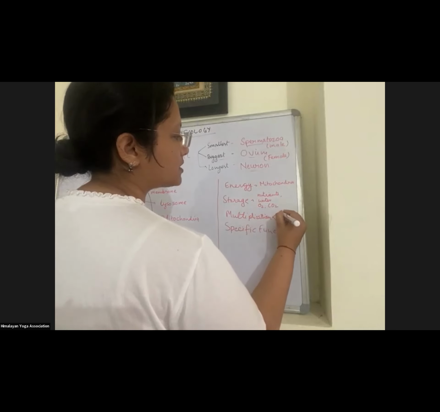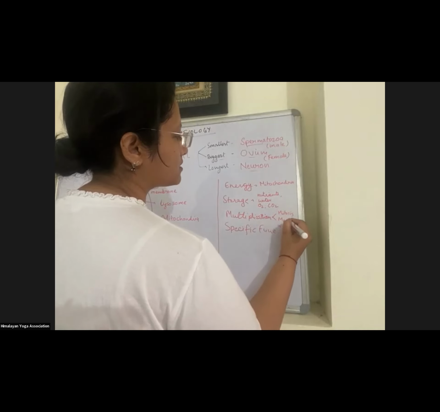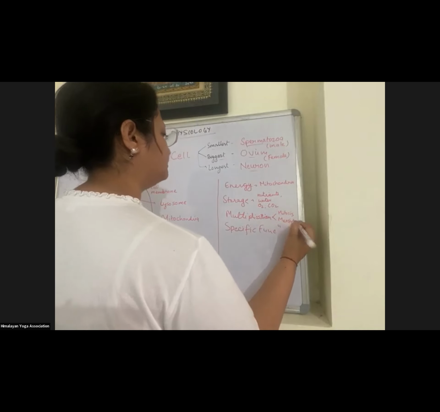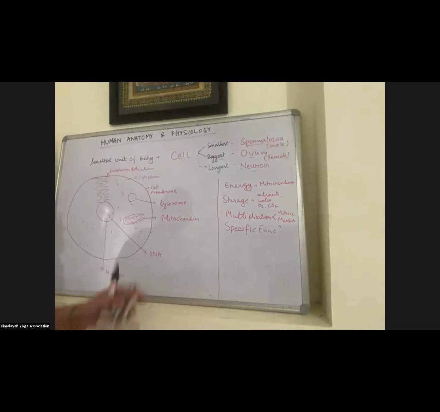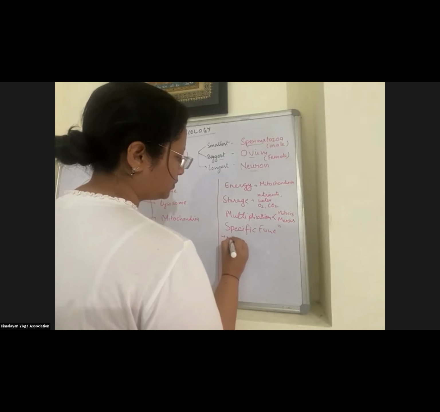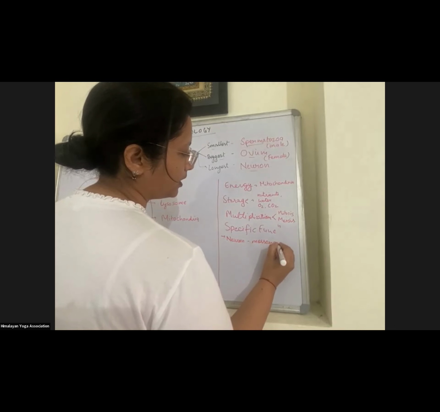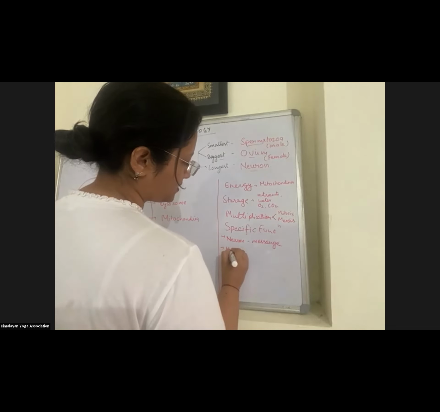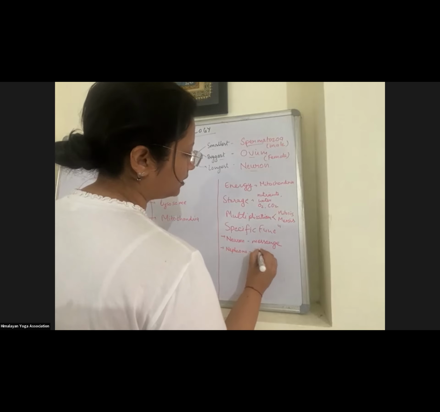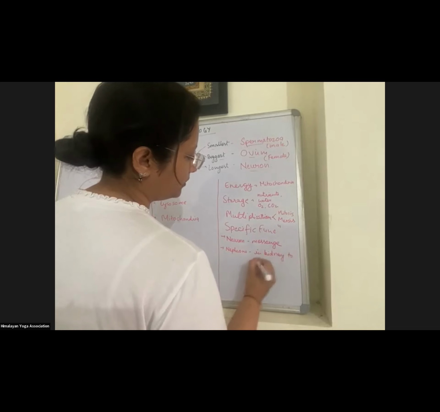We have two processes here, mitosis and meiosis. Then specific functions, like we have neurons, the messengers. We have nephrons in the kidney to filter the blood.